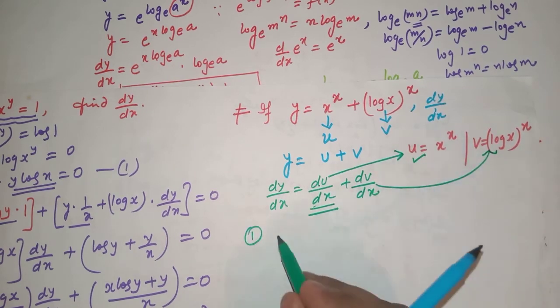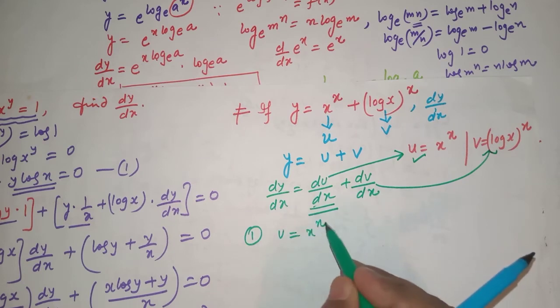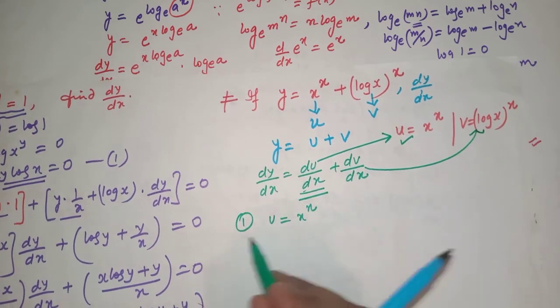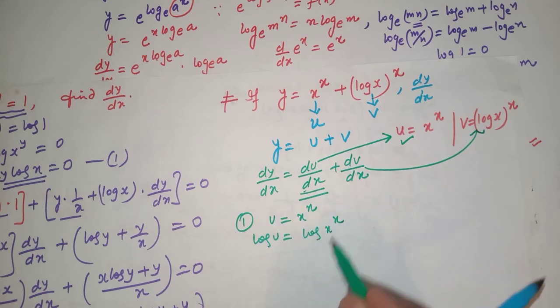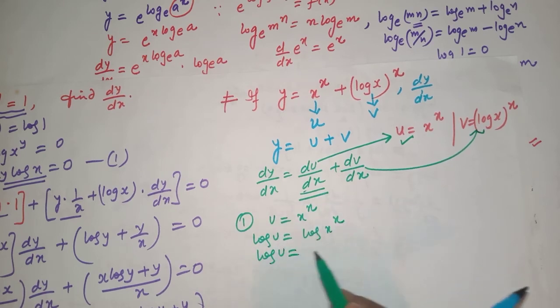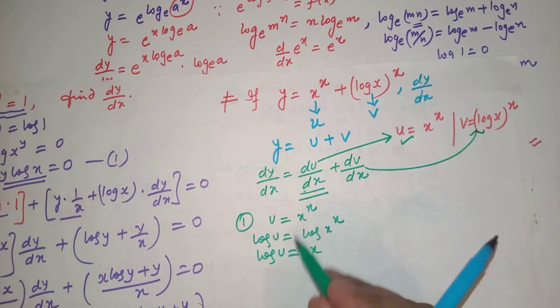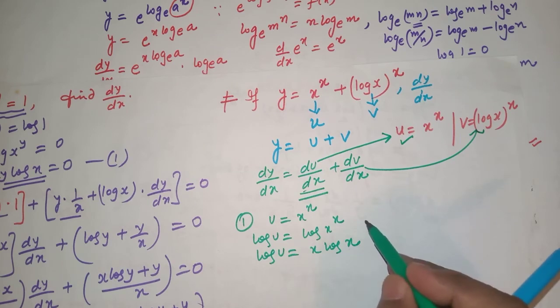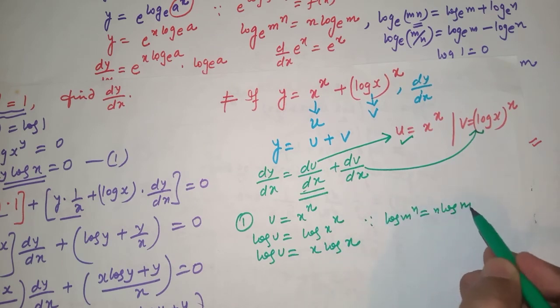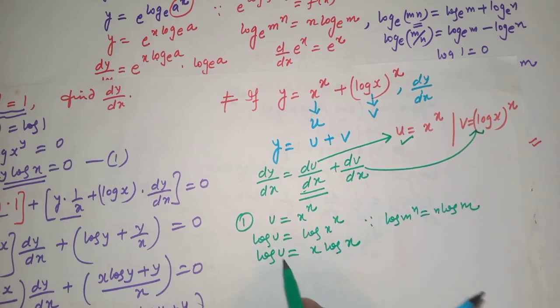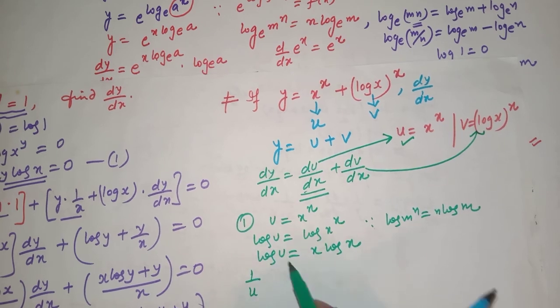So let us find these two derivatives one by one. First we'll take this u, x raised to x. Now take the logarithm of both sides as usual, so we have log of x raised to x. So log u is equal to, we'll bring this x down by this property, log m raised to n is n log m. So we have log u equal to x log x. Now differentiating both sides, we get 1 over u du over dx.